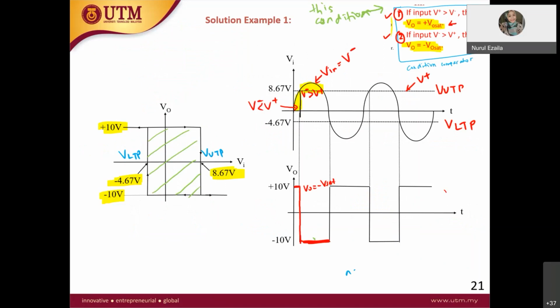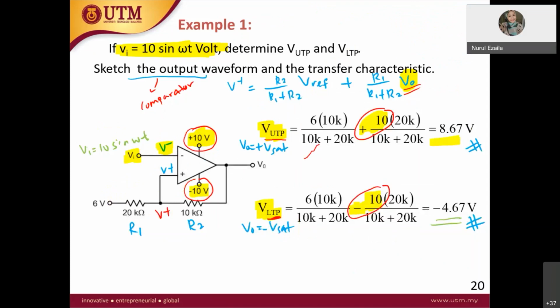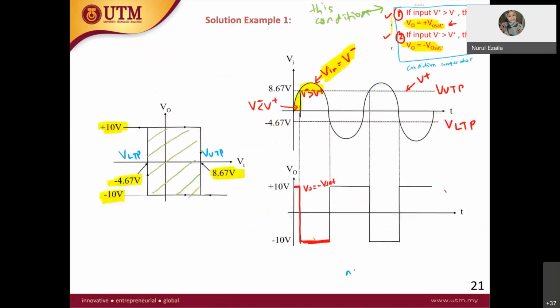Your V in is equal to the V negative, this one, and also your V plus, you have two values, VUTP and VLTP. So you have V plus at V upper trigger, 8.67 volt.